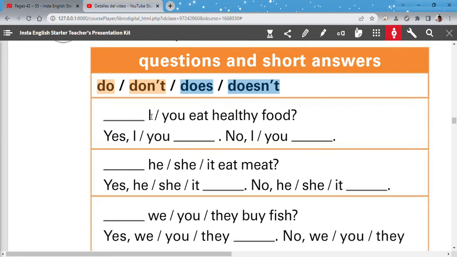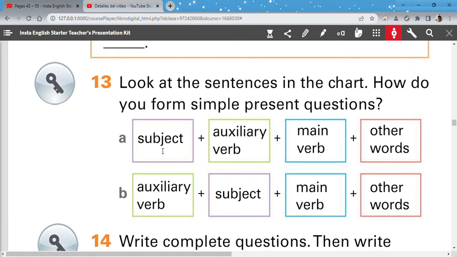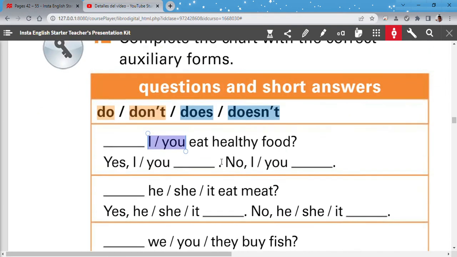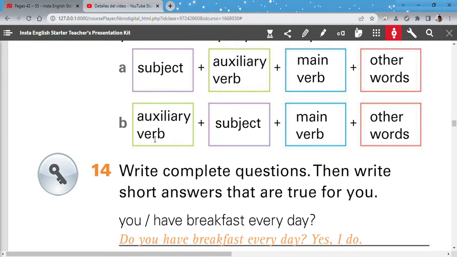Okay, those are the pronouns, or the subject. And here, do or does, no? So, we start with the auxiliary verb. Okay, this is the answer. Letter B.